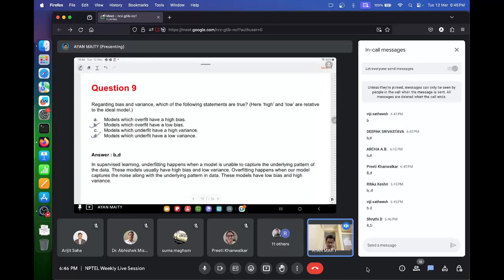So overfitting is associated with low bias and high variance, and underfitting is associated with high bias and low variance. So B and D are the correct answers here.